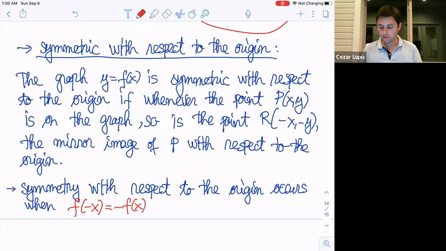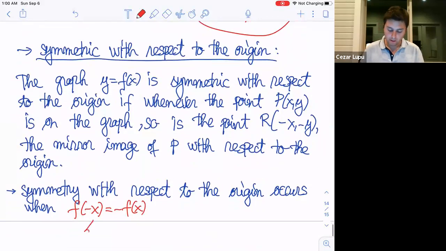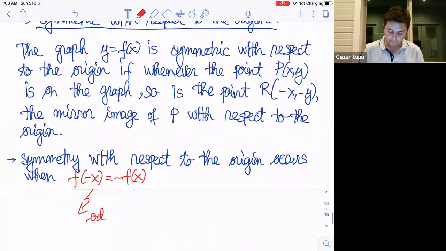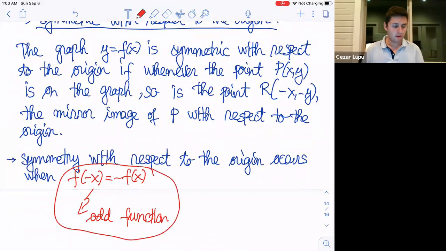And such a function we'll call an odd function. So we have even and odd functions.